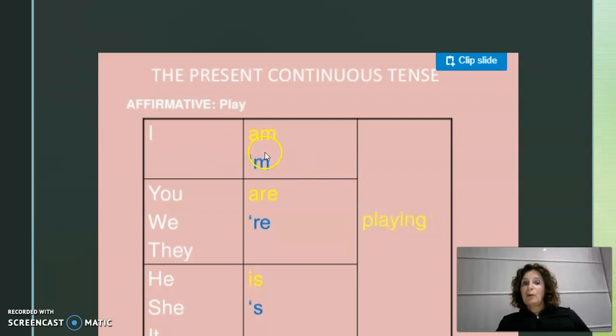I am or I'm playing, you are or you're playing, we are or we're playing, they are or they're playing. He is, she is, it is, or he's, she's, it's playing.